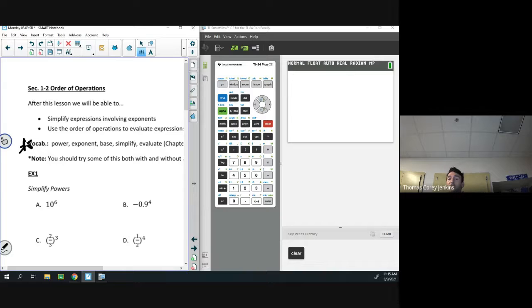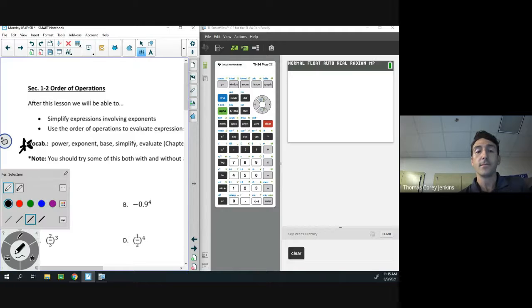So just know they're there. Don't worry about them for right now. Our learning targets, looks like we have 2. We want to be able to simplify expressions involving exponents, and then also use the order of operations to evaluate expressions.